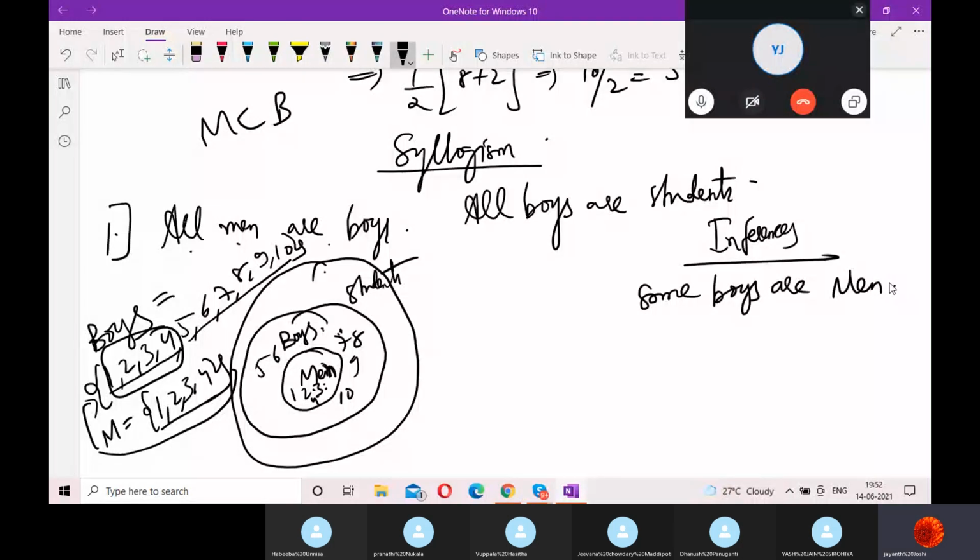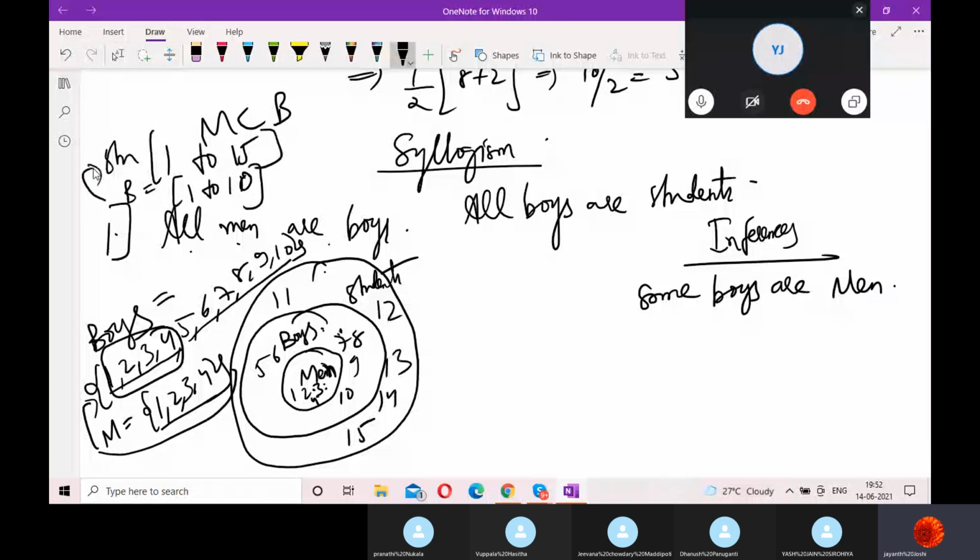Now point number 2. This is 10 now, then 11, 12, 13, 14, 15. So students, if I say students, is 1 to 15 numbers, correct? Boys are 1 to 10, all of which are there in students. So boys is a subset of students.